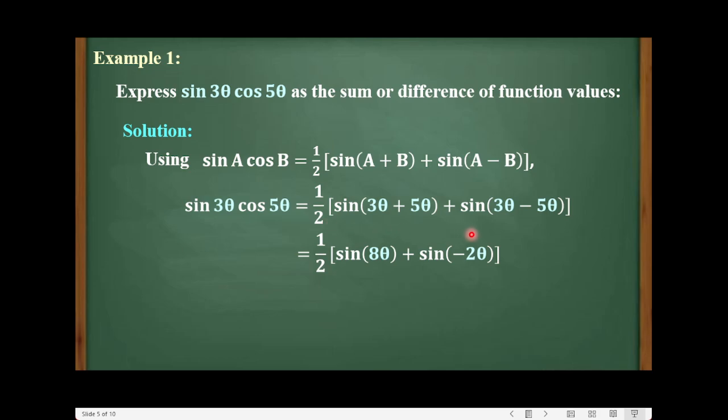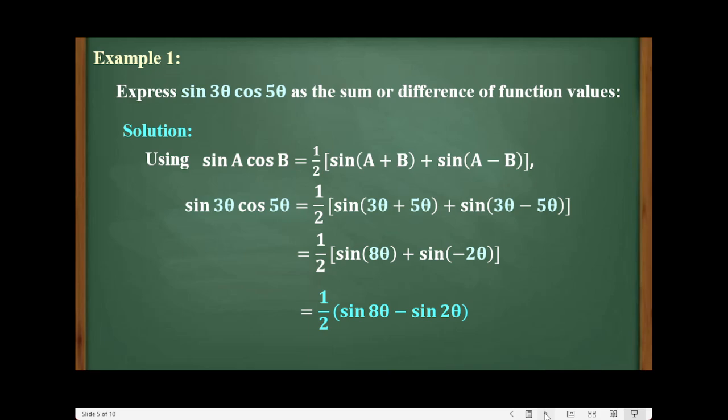Now, simplifying this resulting expression, we have 1/2 of quantity sine of 8 theta plus sine of negative 2 theta. Recalling what we have learned from the first set of identities, we can simplify this further.